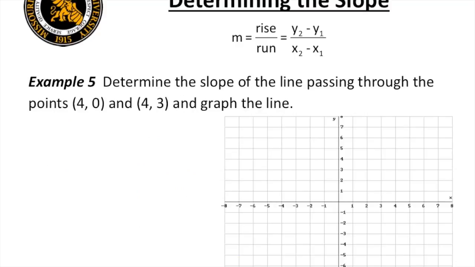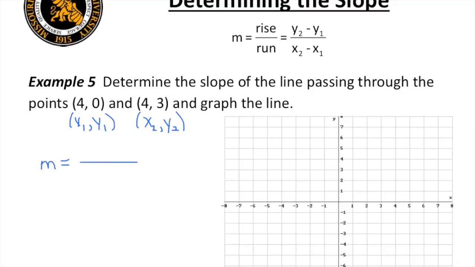Example 5 also asks us to determine the slope of the line passing through 2 points and then graph the line. So we begin by identifying our 2 points so that we can make sure we place the numbers in the appropriate places in the formula.